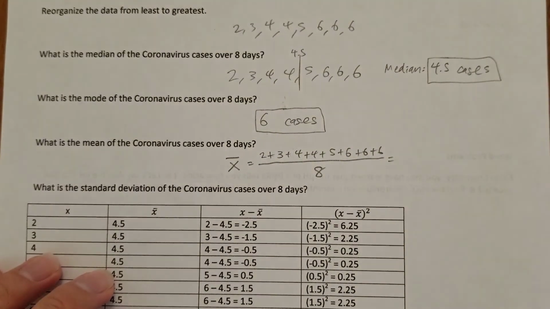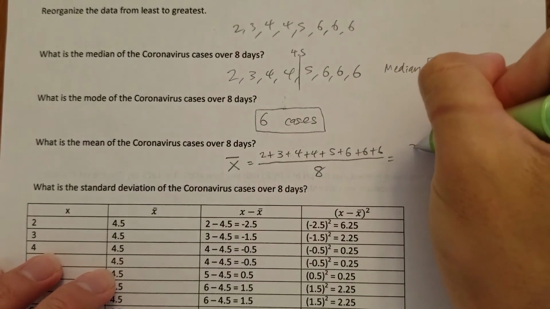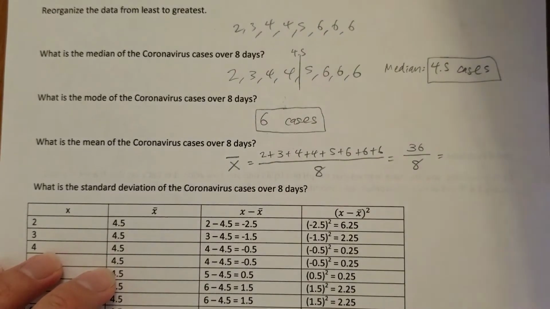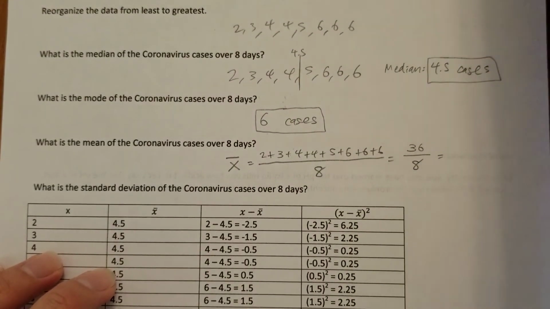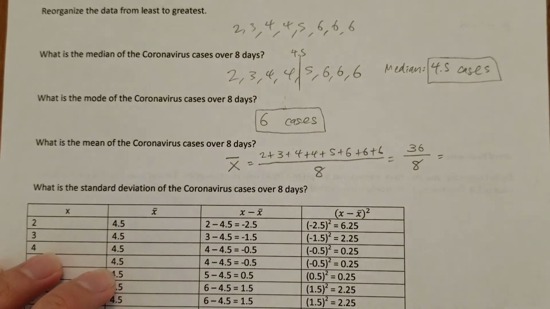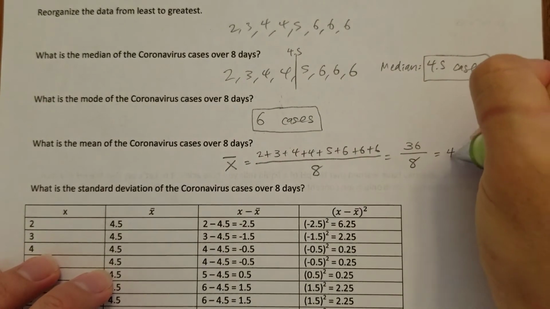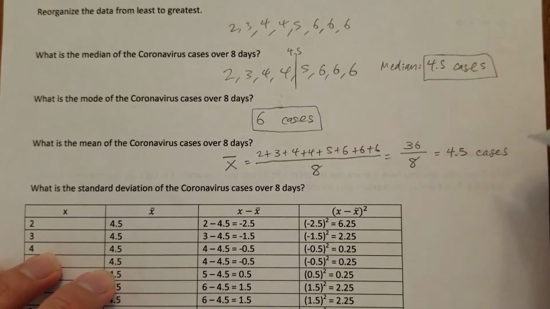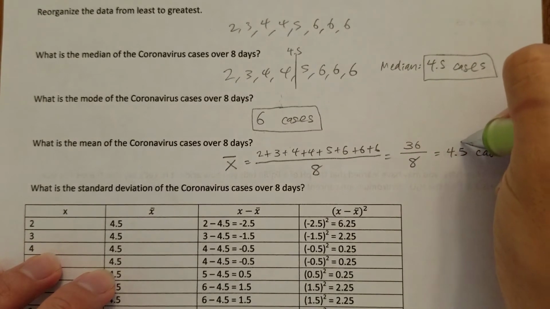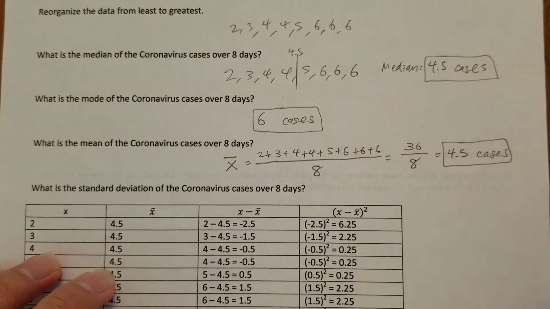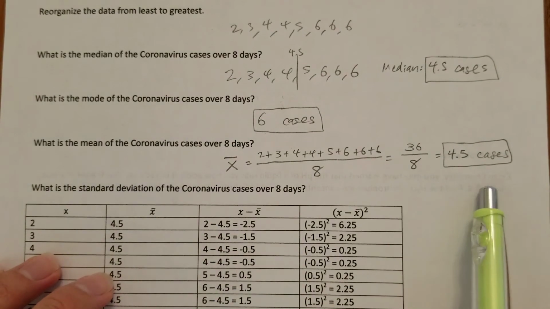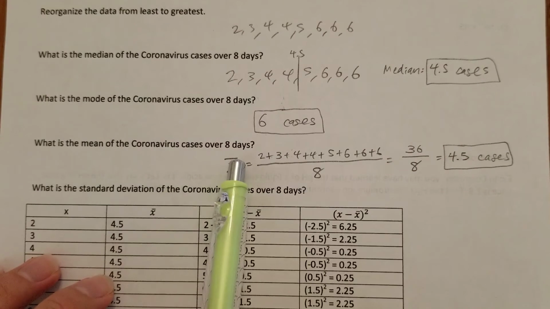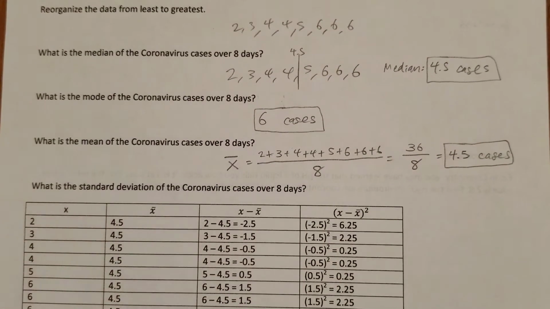So we have 36 divided by 8, and 36 divided by 8 is 4.5. It just so happens this mean is the same as the median. That was just a coincidence. It doesn't always happen like that. But the mean of coronavirus cases over 8 days is about 4.5 cases.